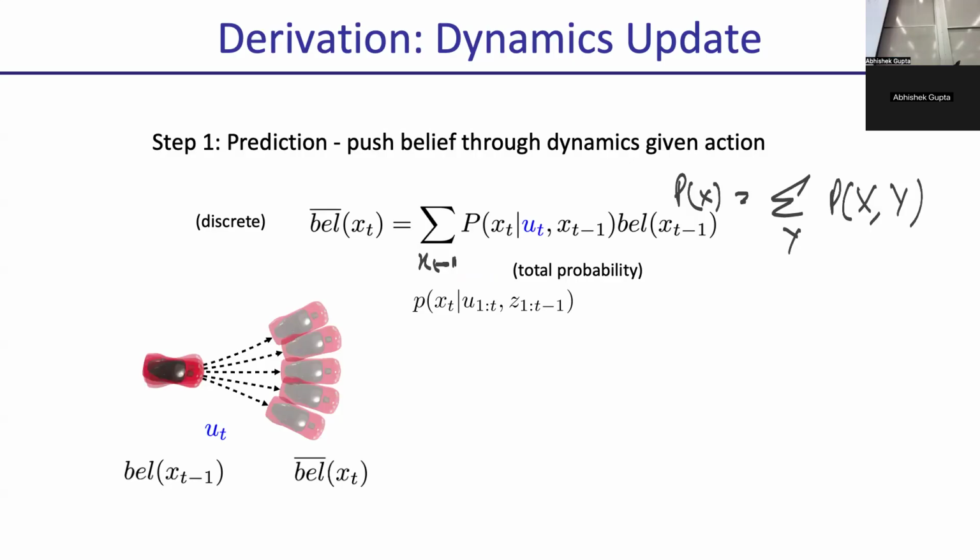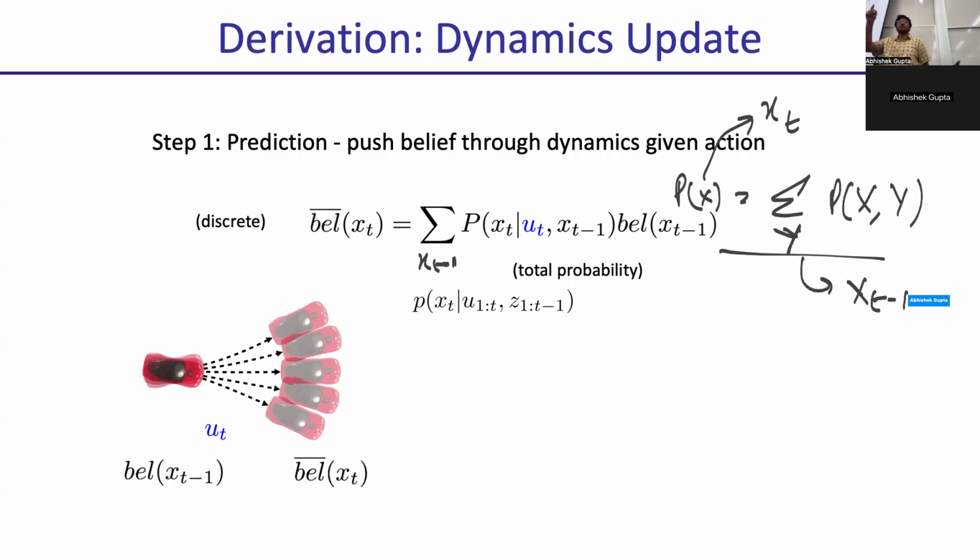That's right. What you're going to do is introduce xt minus 1 as a variable and marginalize it out. If I know that p of x is equal to the sum over y of p of x comma y, in this case x is equal to xt and y is equal to xt minus 1.